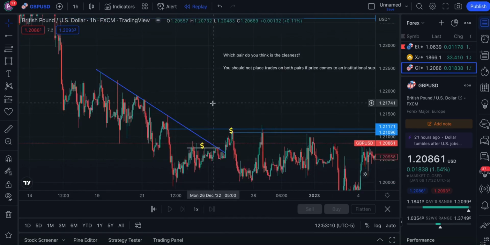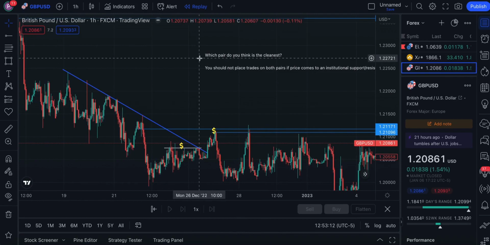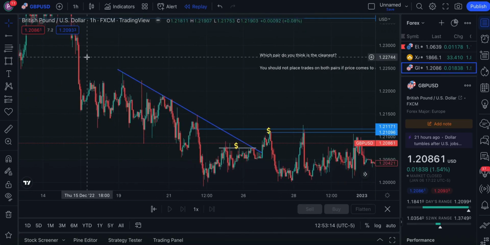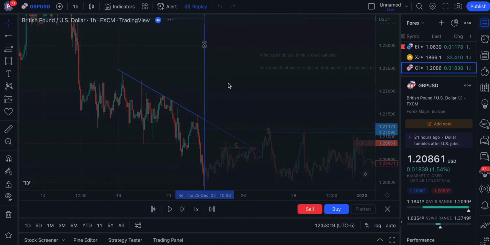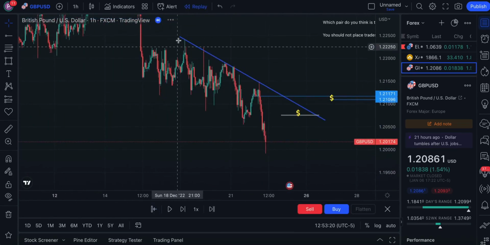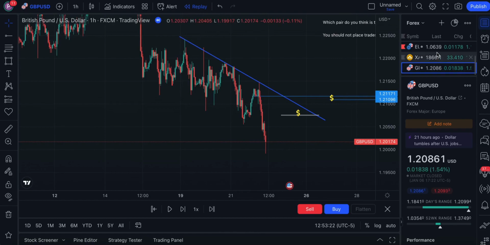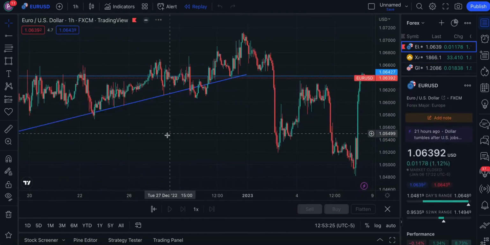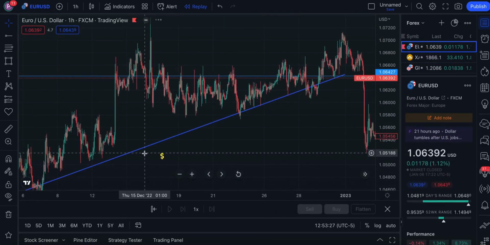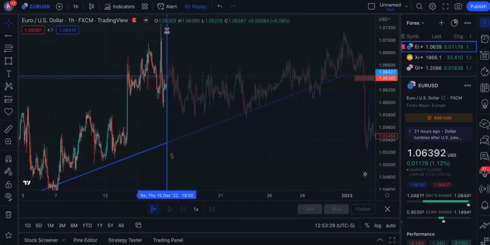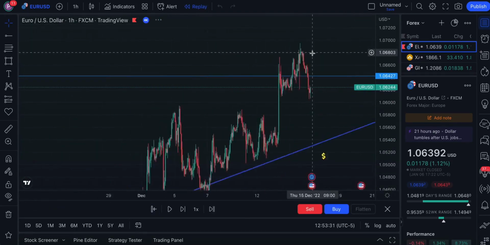So just to give you an example, on EU, let's look at these dates, December 15 to 21. We can see price trending somewhat, coming to the downside.